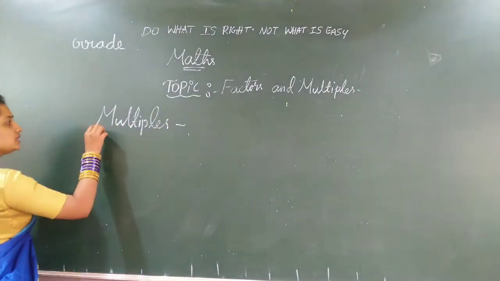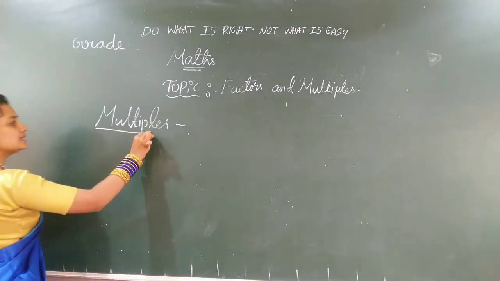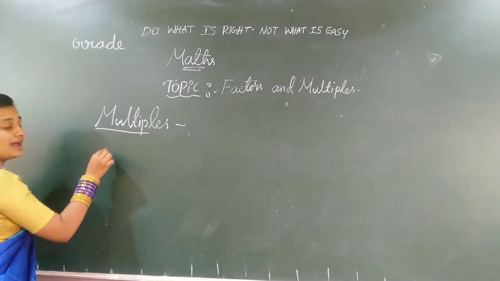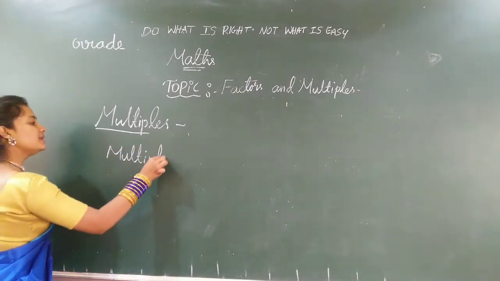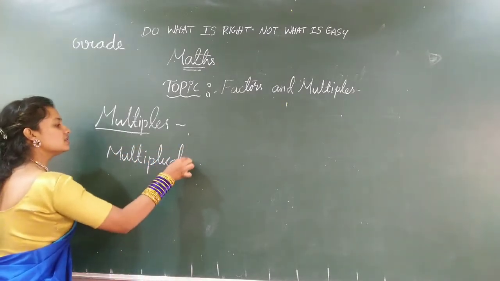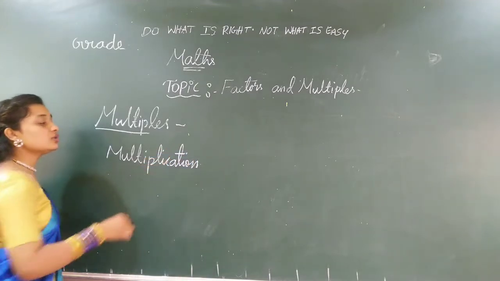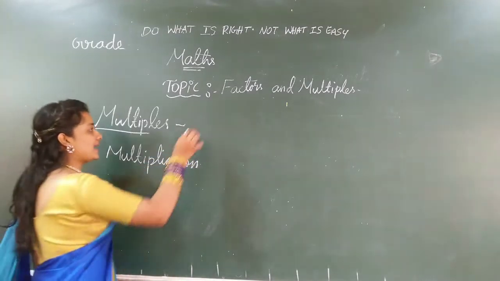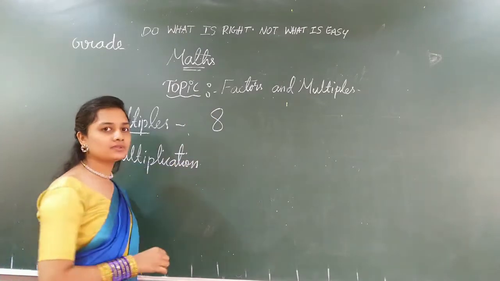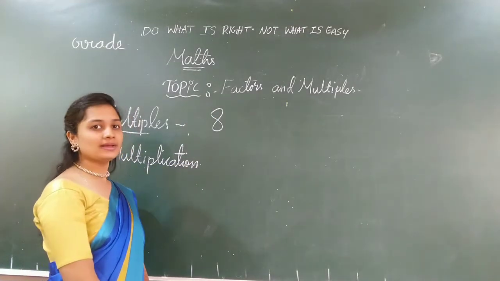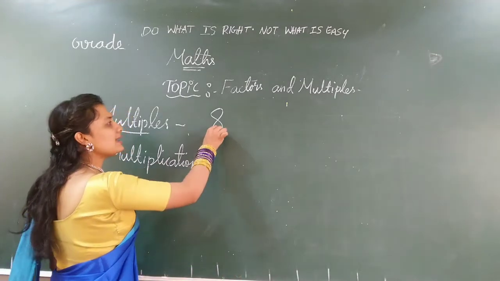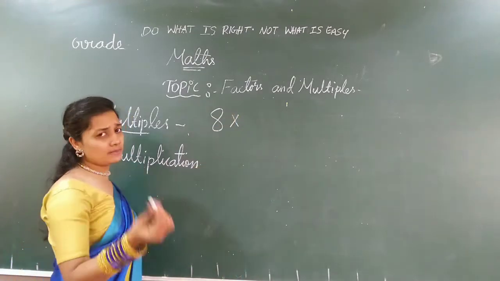In the question itself, you can see here multiple means multiplication. So, if I take any number, for example 8, and I ask you to find the multiples of 8, then you should multiply 8 with any number.